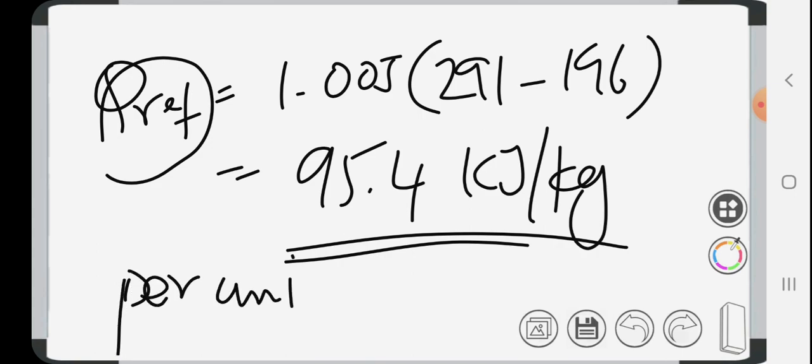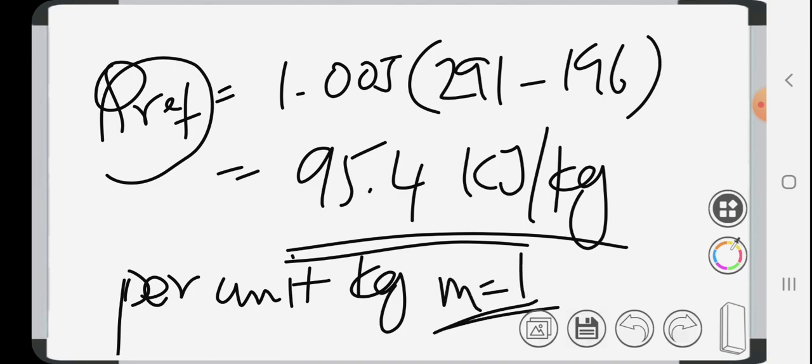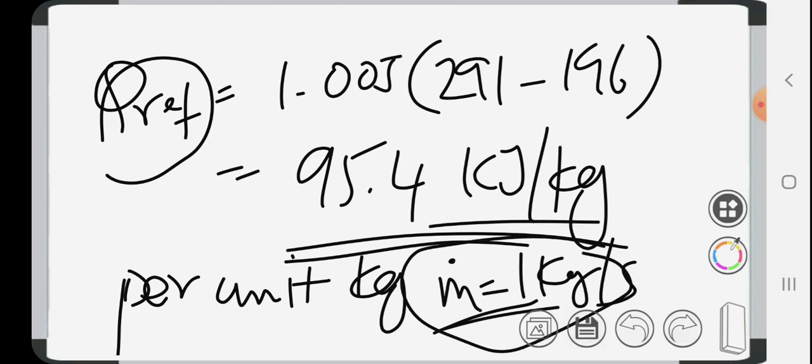All these calculations were done assuming a unit mass of air, since I don't know the actual mass. Since this is a flow, I am assuming mass flow m dot equal to 1 kilogram per second. That is why I am getting this in kilojoule per kilogram.